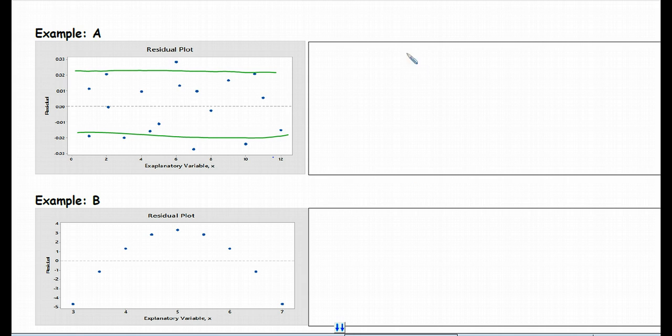So this would be a sign of a better fit. I'm going to say a better fit model, because there are different curves that we could use for modeling. Right now we're focused on linear, but there are other equations. There are many equations we can use to model with. So this is what we'd like to see.